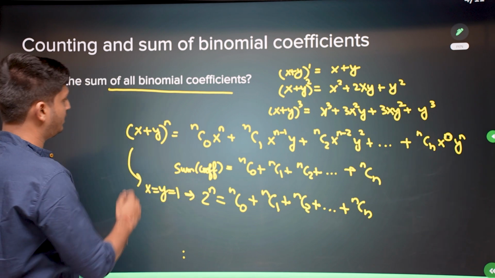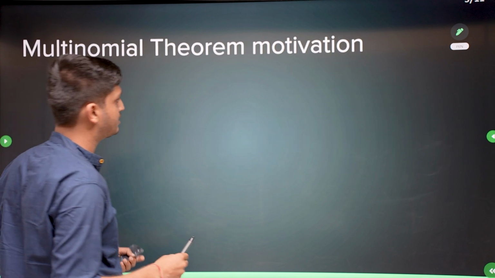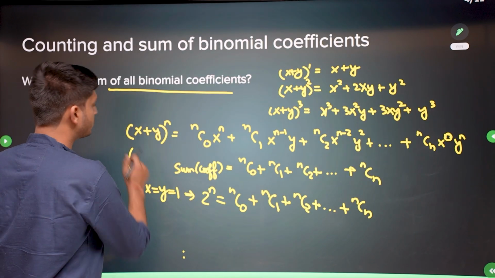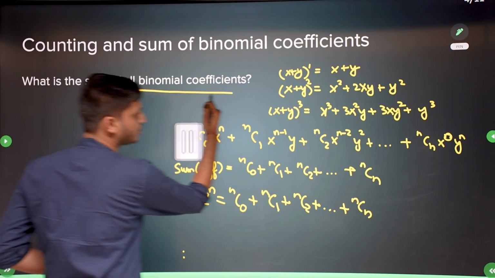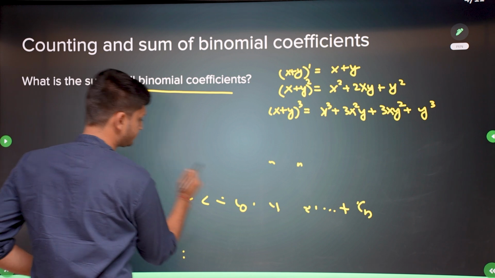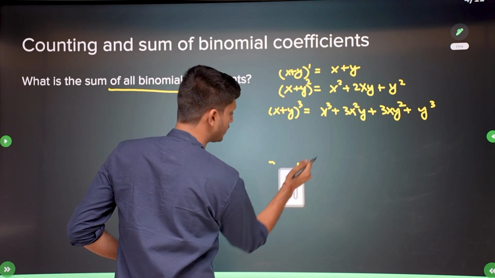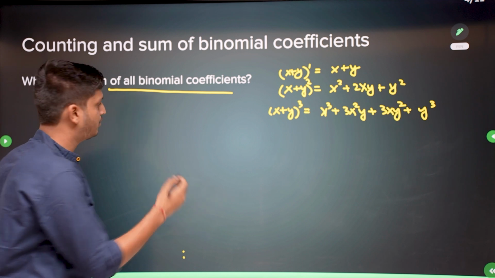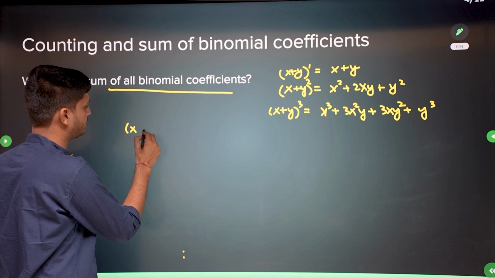And you can also see it using the motivation that we saw earlier in this lecture, about how the binomial theorem is actually calculated. So x plus y to the power n is what?